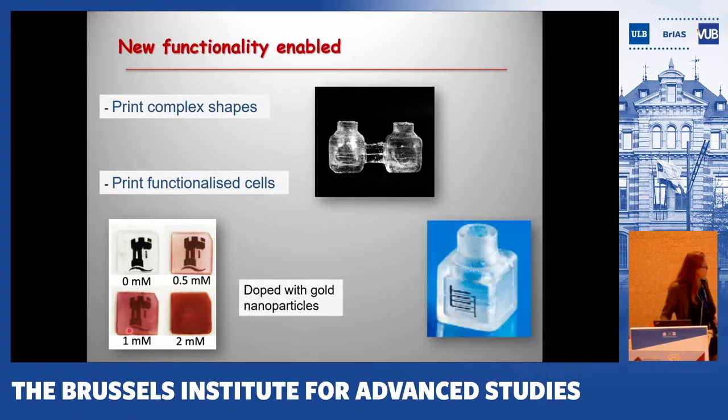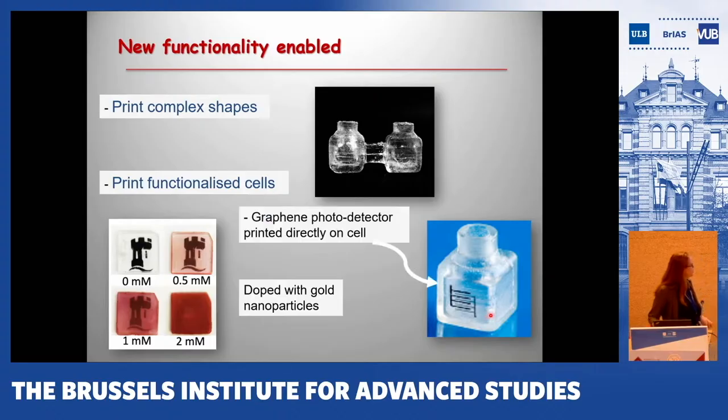And one can also print a detector directly on the cell, which we have used to measure the temperature increase through the nanoglass nanoparticles. So this is a graphene detector that's interdigitated with silver, and that can be used to measure heat, but also to detect photons.